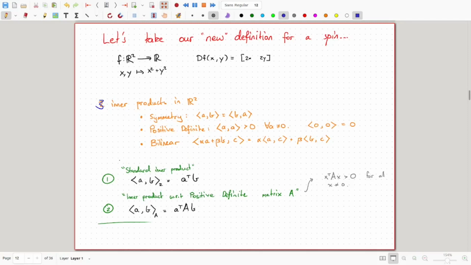So here are two examples of inner products in R2, or in Rn in general. We have our standard inner product, which is the one you're probably very familiar with.